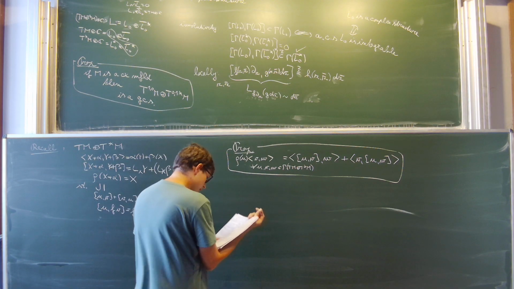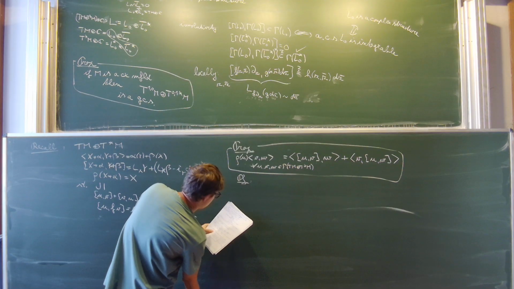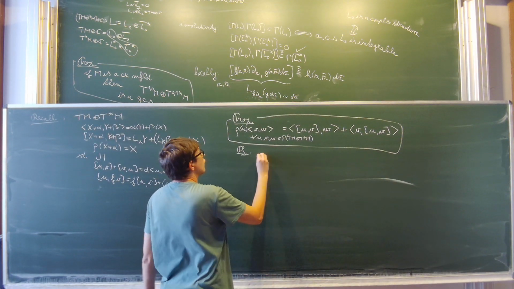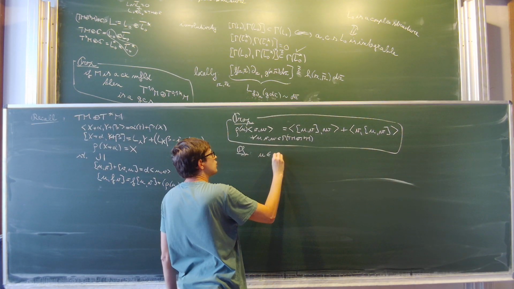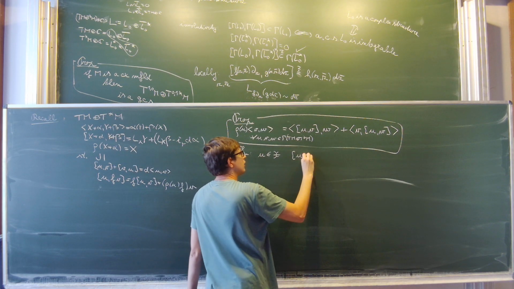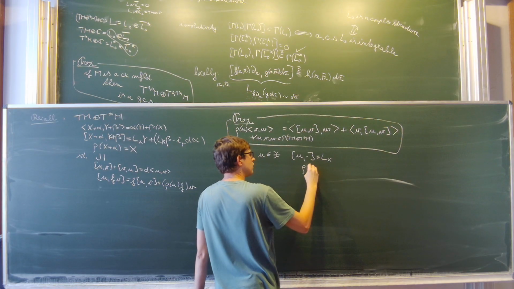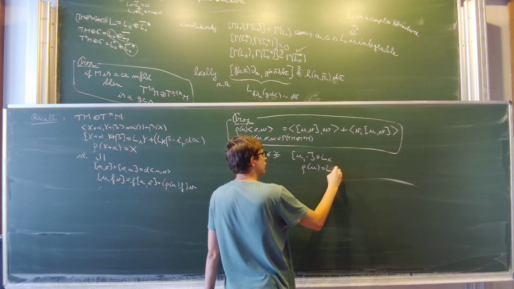So let's prove that. This is going to be simple. First of all, if this u was really a vector field, then we know that bracketing with u is the Lie derivative, but so is the anchor of u if you add some functions.